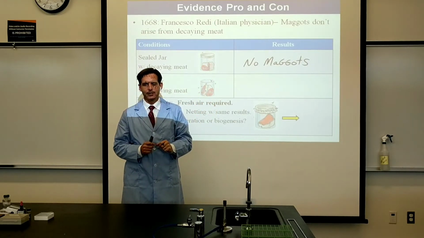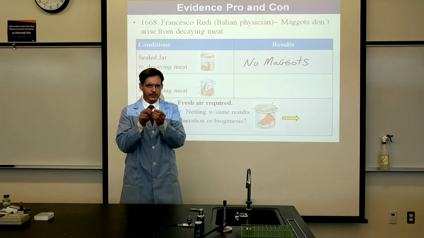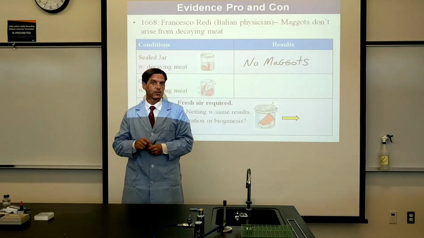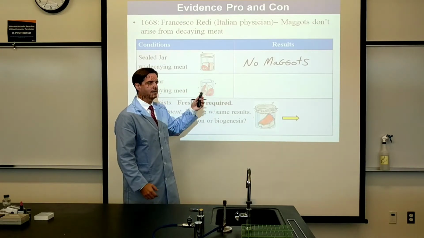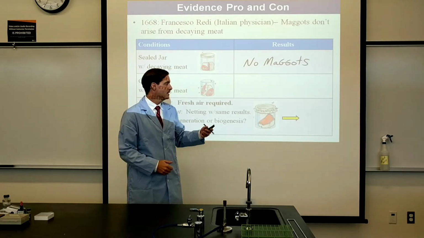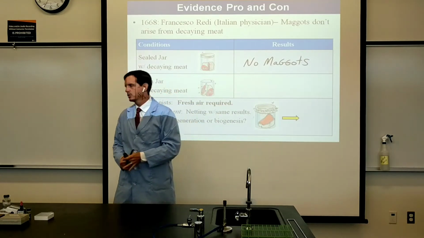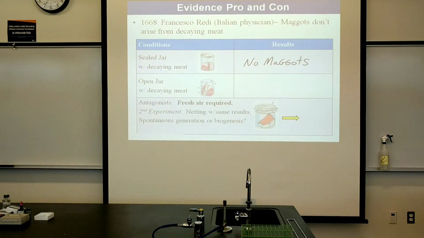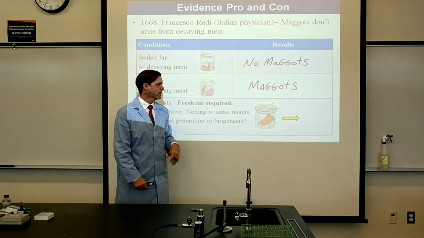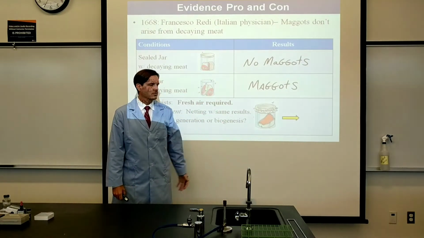And even if he didn't know exactly that there were fly eggs being laid on there, invisible pieces of life that eventually hatched and started growing the maggots, his experiment showed that maggots appeared, as you would imagine, because those invisible fly eggs were deposited by the flies landing inside of the open jar of meat. This is what would happen.